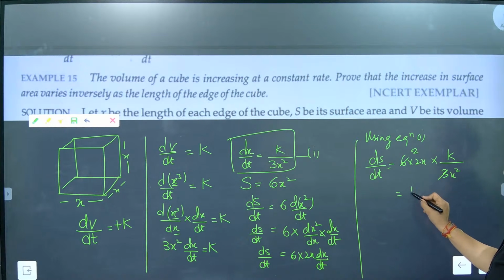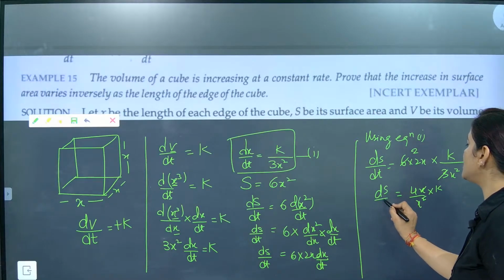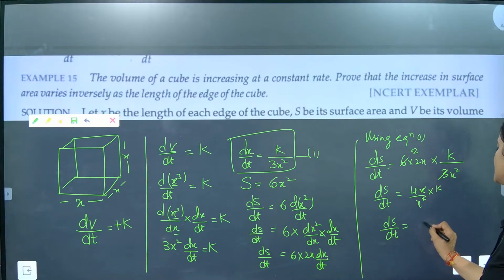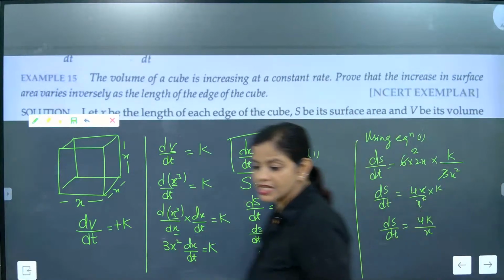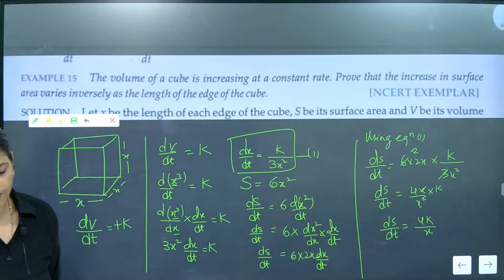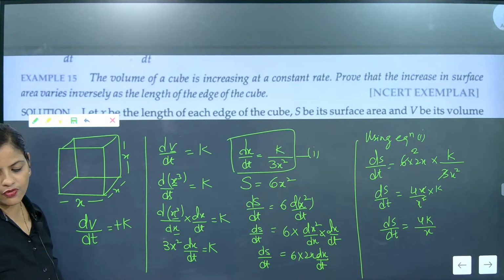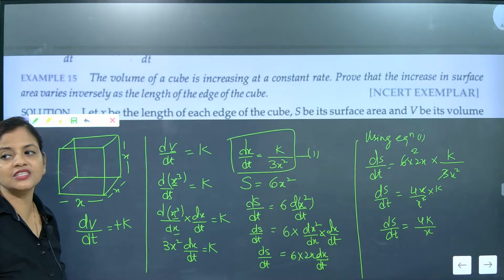It is coming as 4x by x square into k. This and this will get cancelled. So finally, what we are getting? ds by dt is equal to 4k by x. Understood? ds by dt is equal to 4k by x, and this is our relation.